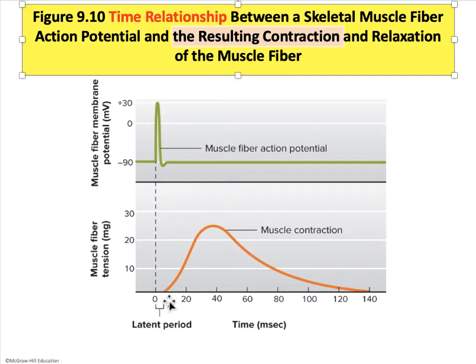In response, the interior of that same cell will generate a force, and that's measured in milligrams. That's the muscle fiber tension. And you can see there's a small delay called the latent period between the action potential propagating around the cell and down into the T-tubules before the sarcomeres begin to contract and generate force.